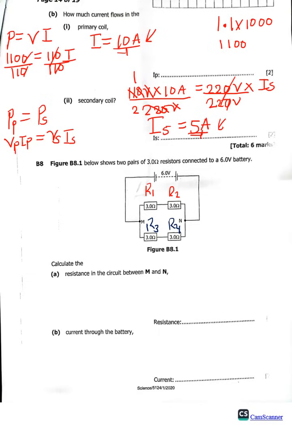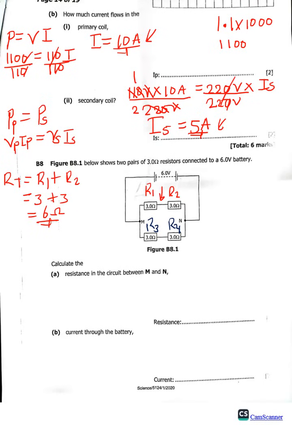Since they are connected in series, total resistance is equal to resistor 1 plus resistor 2. We have 3 ohms plus 3 ohms, giving us 6 ohms. That is the total here.